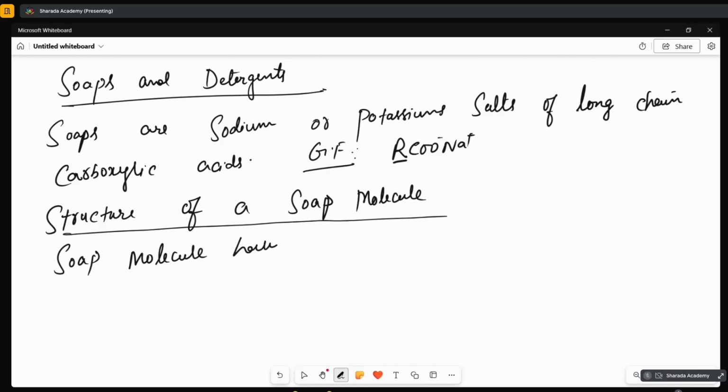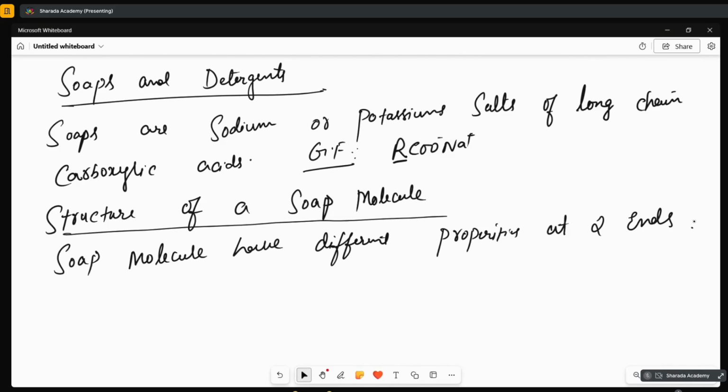Soap molecules have different properties at two ends. That means even in just one molecule, we will have two different properties.